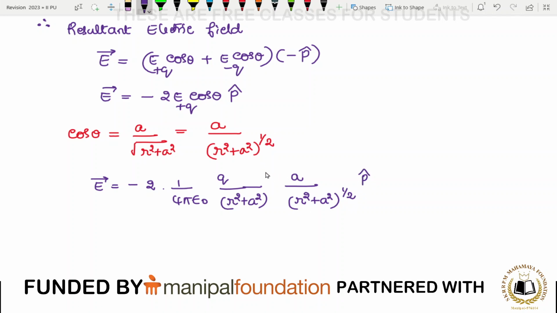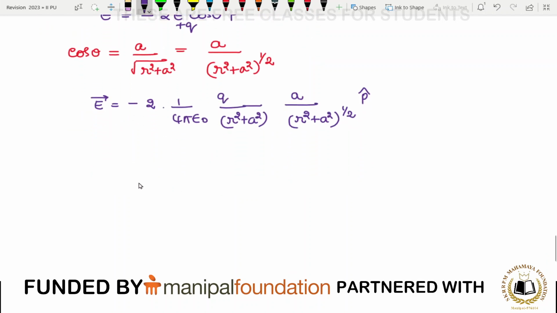Okay, now I'll combine everything here. So E vector becomes minus 1 by 4 pi epsilon naught 2AQ P cap divided by R square plus A square, power is how much here? 3 by 2.